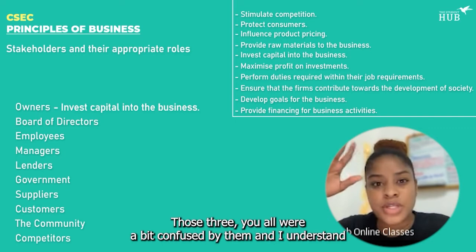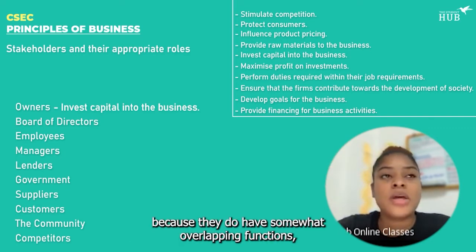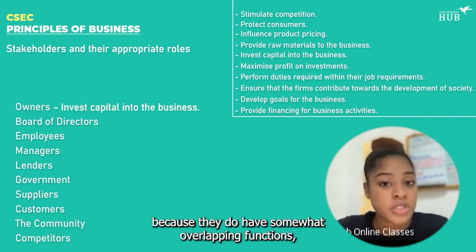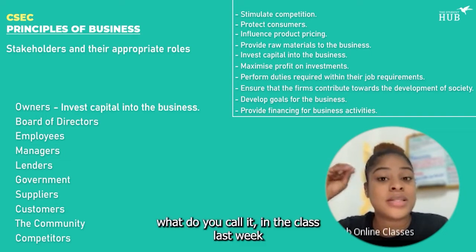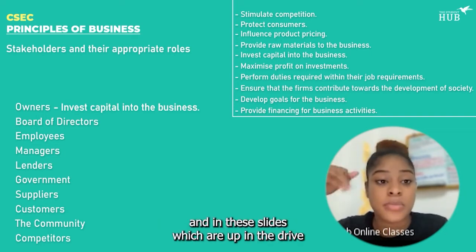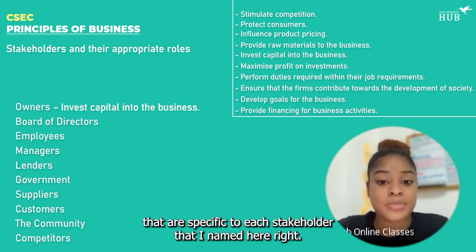Yeah, those three you were a bit confused by them, and I understand because they do have somewhat overlapping functions, but there are specific things that we have identified in the class last week and in the slides, which are up in the drive, that are specific to each stakeholder that I named here, right?